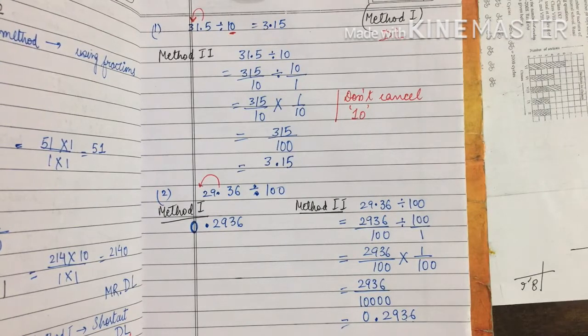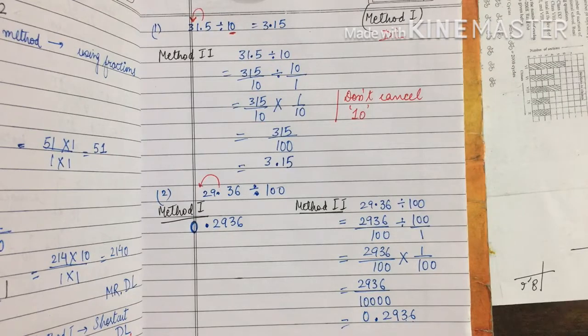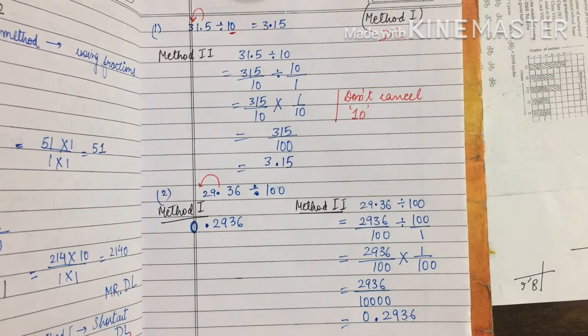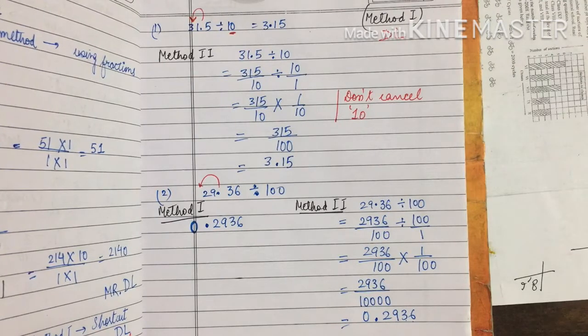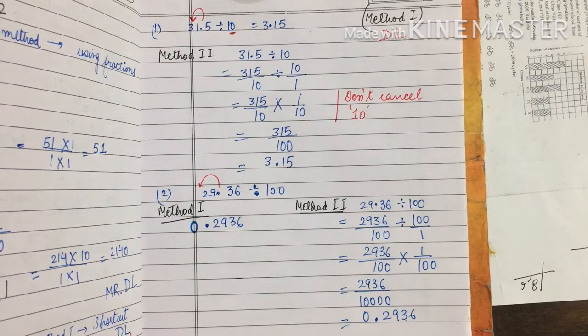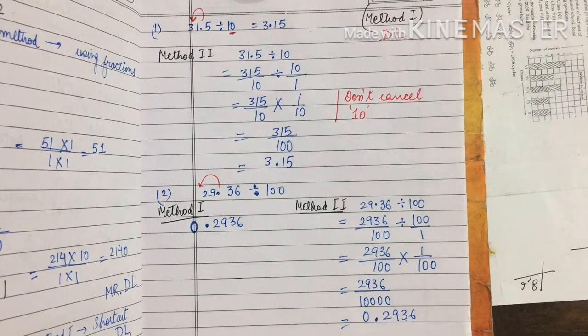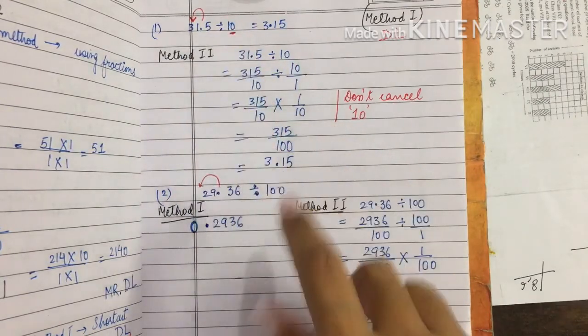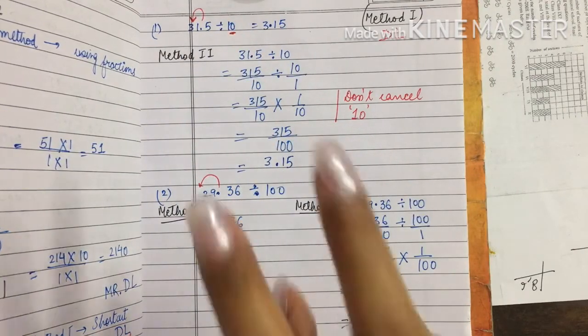Then we have type 2, where we have a whole number divided by a decimal number. There is only one method, we use fractions. Then we have division of a decimal number by a decimal number. For this also there is only one method, fractions. Change to fractions and then divide. Then finally we have division by 10, 100, 1000, etc. For this there are two methods.